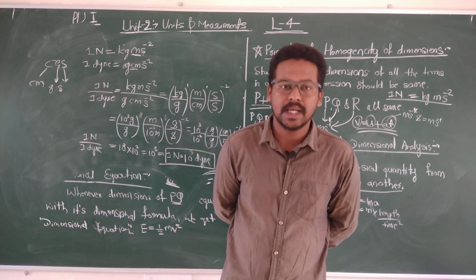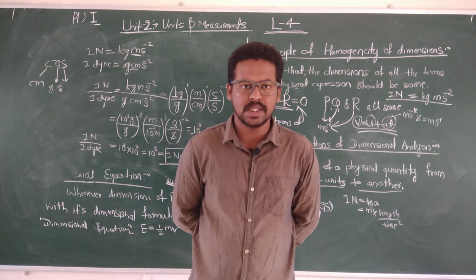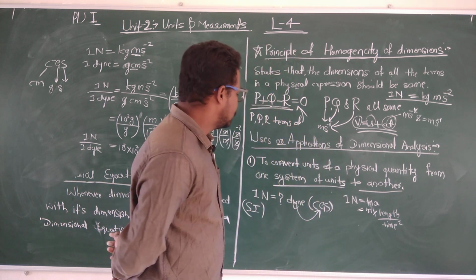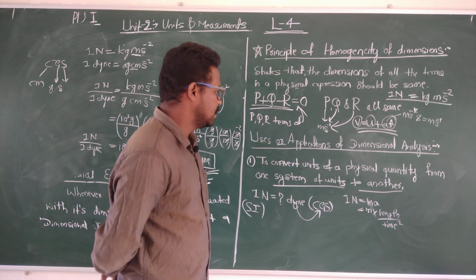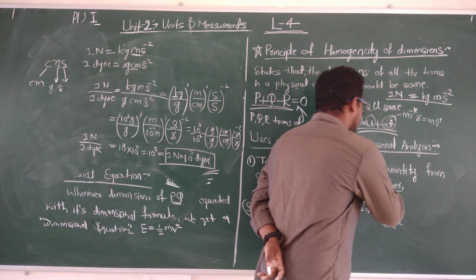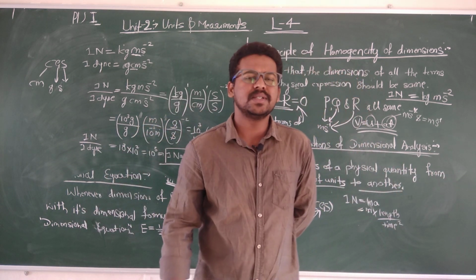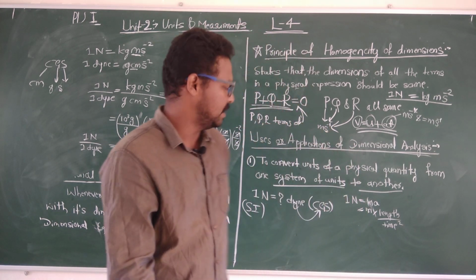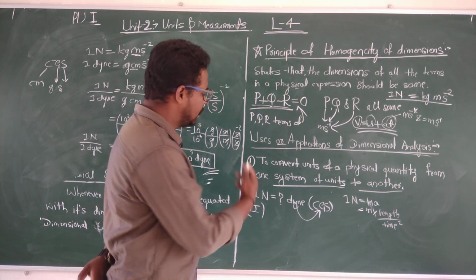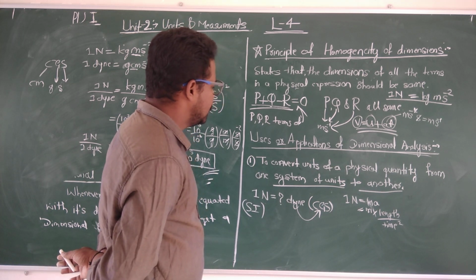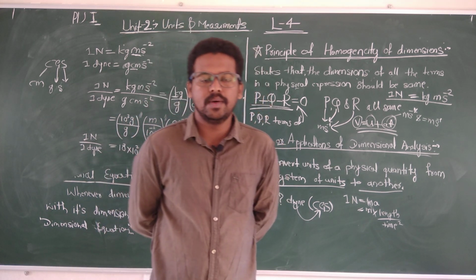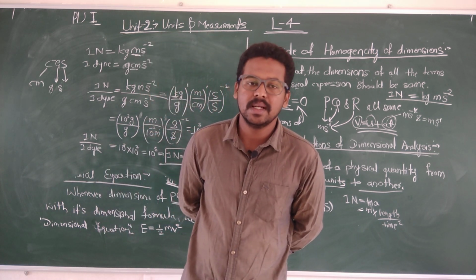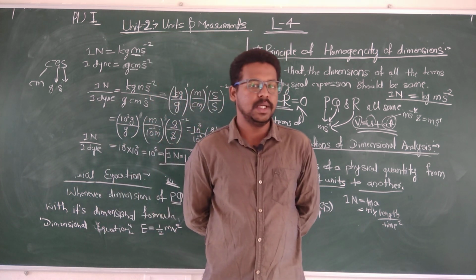We can convert all other physical quantities from one system of units to another by using the first application of dimensional analysis. Is it clear? I think the first application is clear. So we'll go to the next application of dimensional analysis. There are totally 3 applications of dimensional analysis.